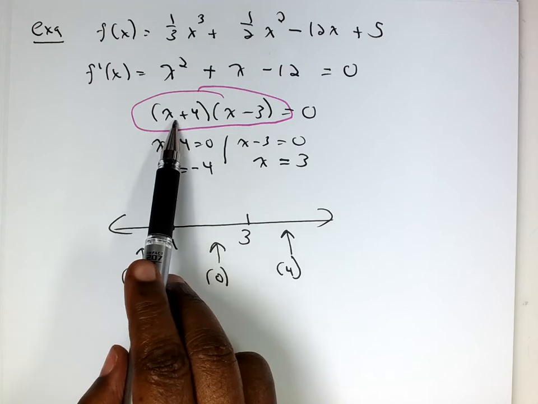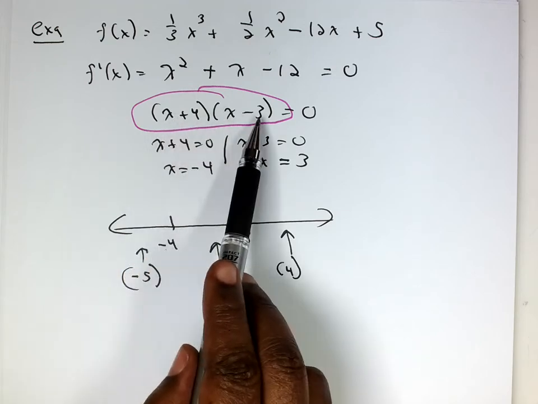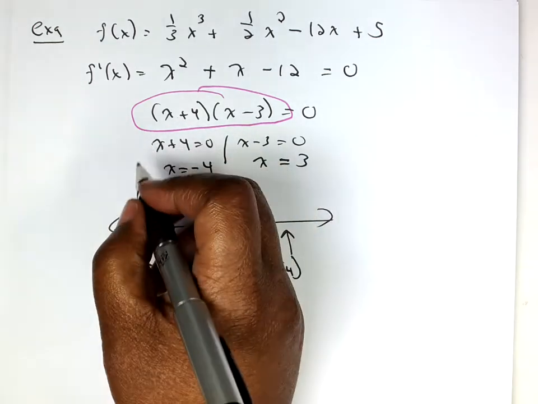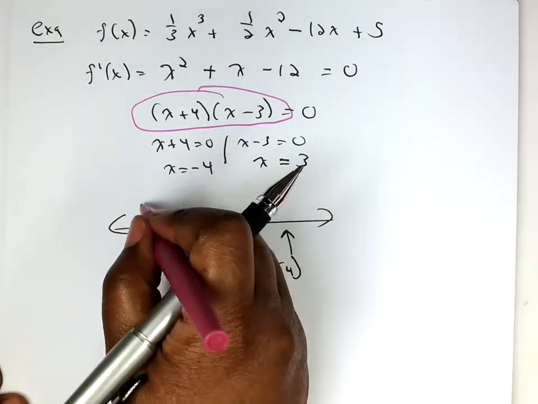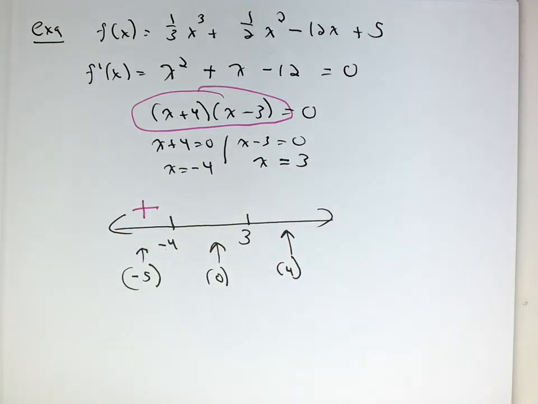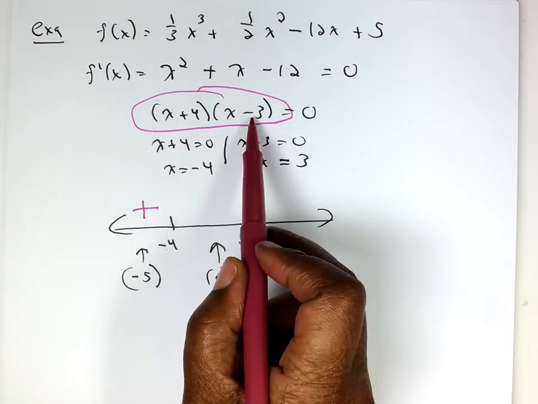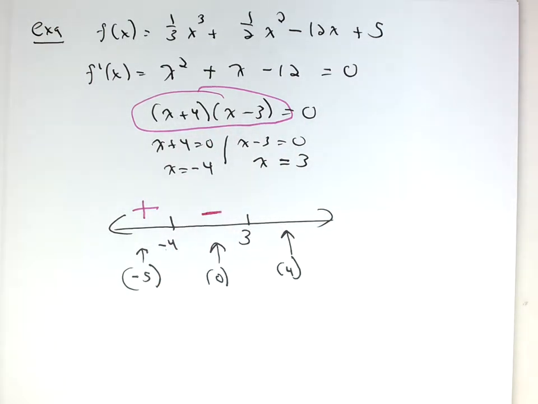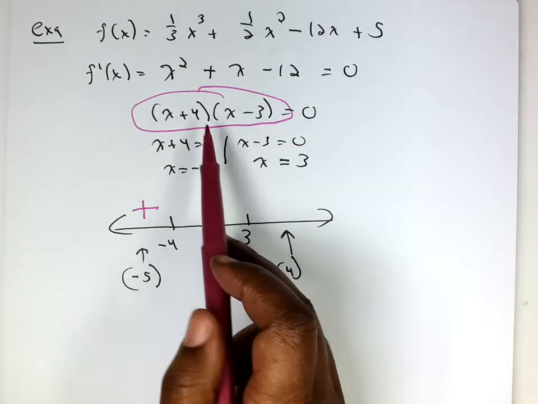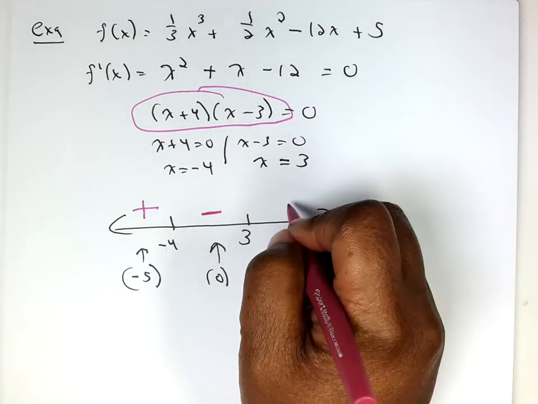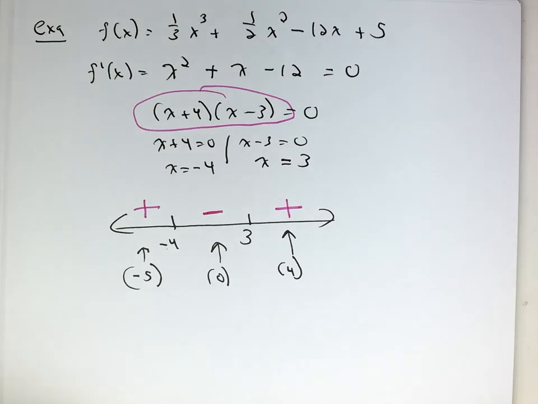So if I plug in -5 here, I would get -1 times -8. So that gives me a positive value. When I plug in 0, I get +4 times -3. So that gives me a negative value. And when I plug in 4, I get 8 times 1. So that gives me a positive value.